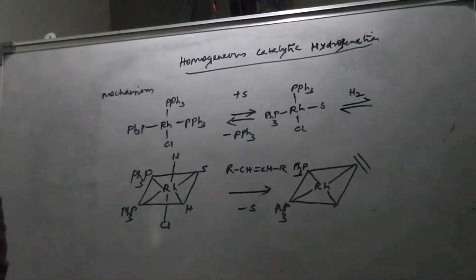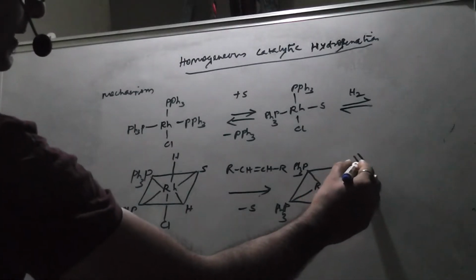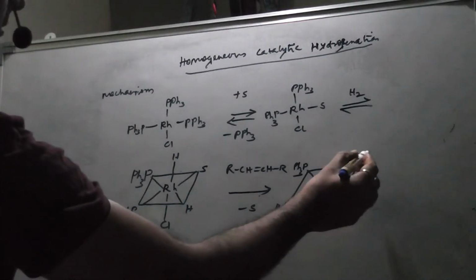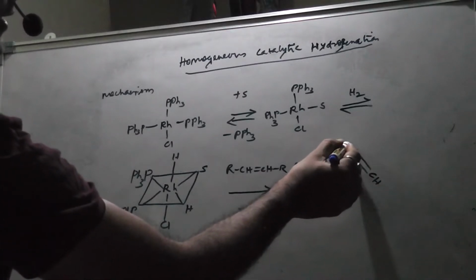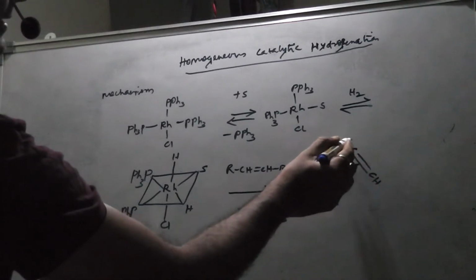It is the eta 2 complex type. In organometallic chemistry, eta 2 complex systems are there. So an alkene is getting coordinated to form an eta 2 complex.